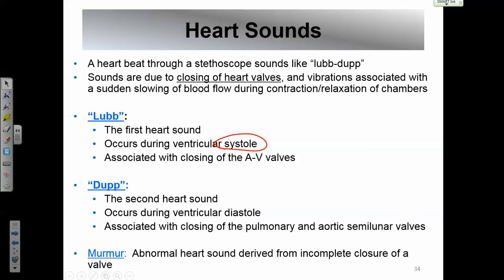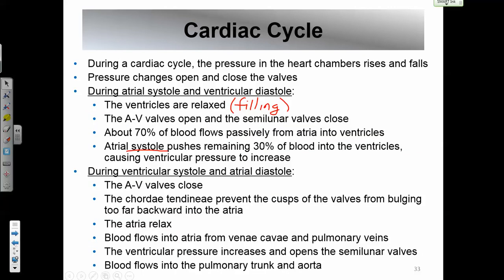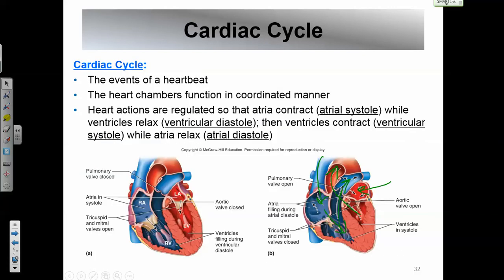If we look, let me show this on a picture here. Here you see how the ventricles are contracting, they're in systole, and that puts pressure on the flaps or cusps of the tricuspid and bicuspid valves, so they close. The blood is forced up through the semilunar valves.